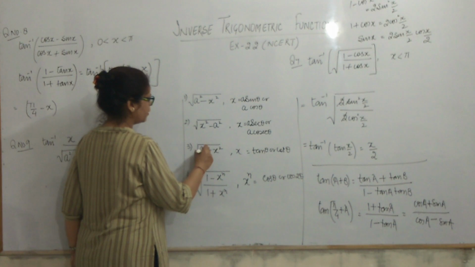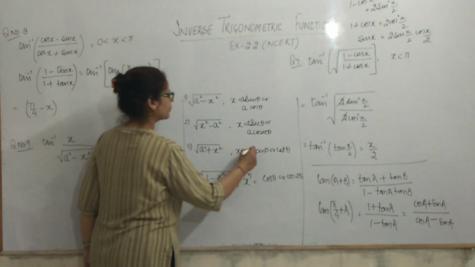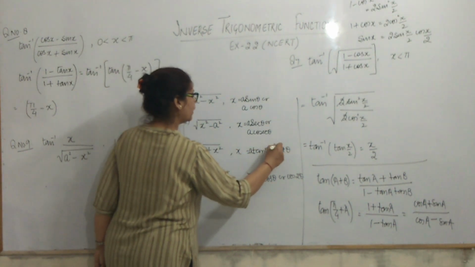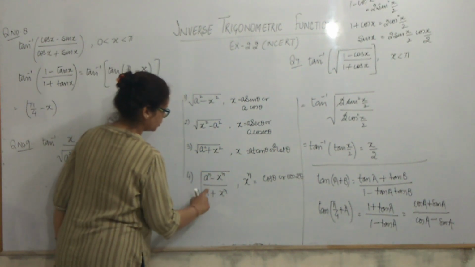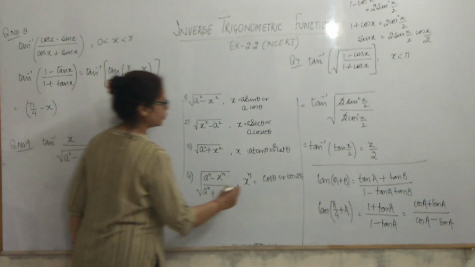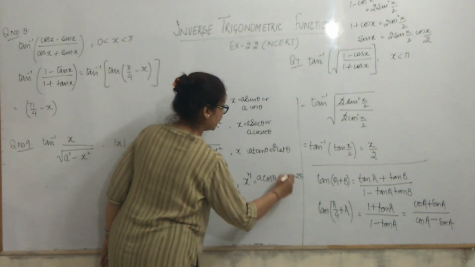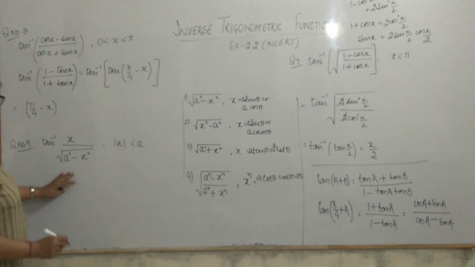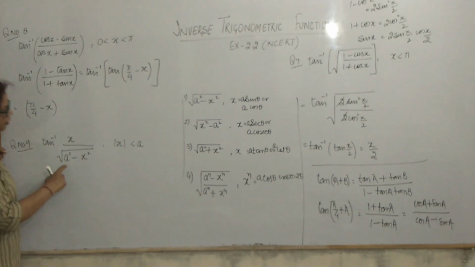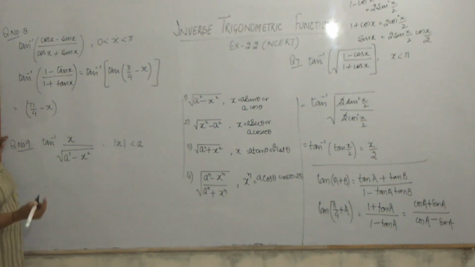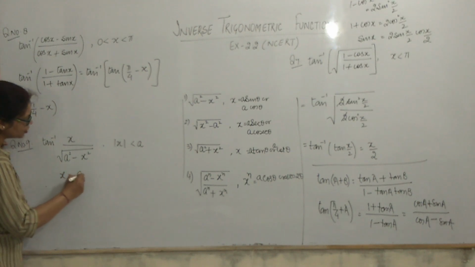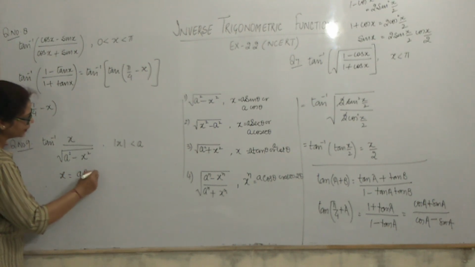For a square plus x square, a tan theta or a cot theta. So you can put, for square root of a square minus x square, x is equal to a sin theta or x is equal to a cos theta. Let us put x is equal to a sin theta.